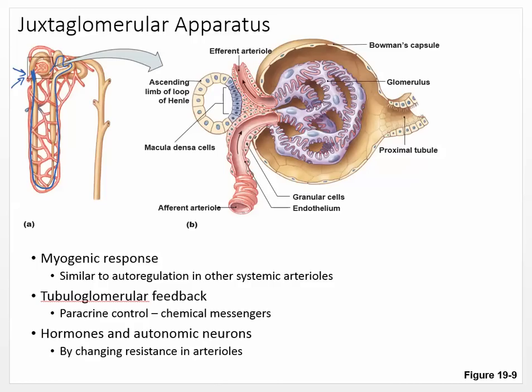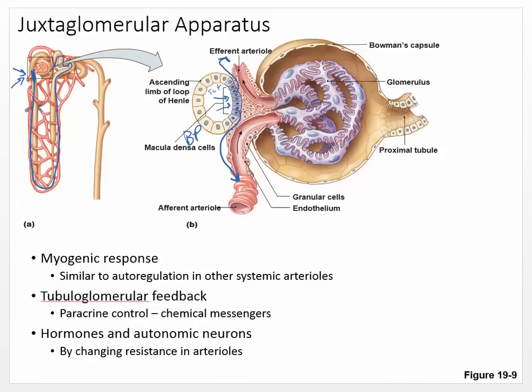You have this group of cells called macula densa cells that sit right here. All they're doing is constantly measuring how much salt is in here. They're measuring the blood pressure. They're measuring all of this stuff, and then they will pass that signal on to the efferent and to the afferent arterioles.